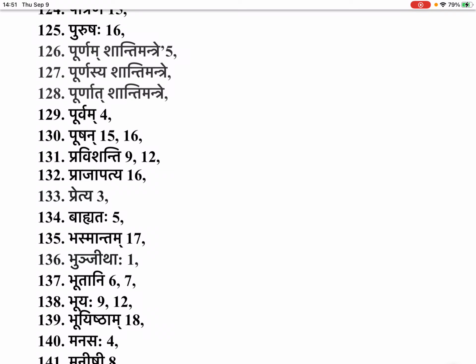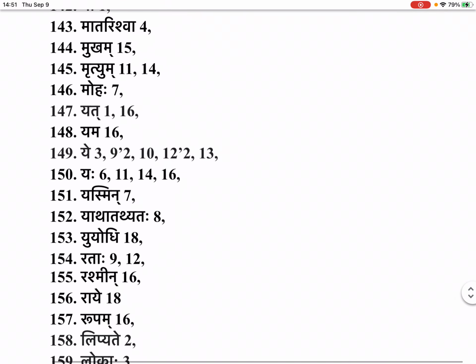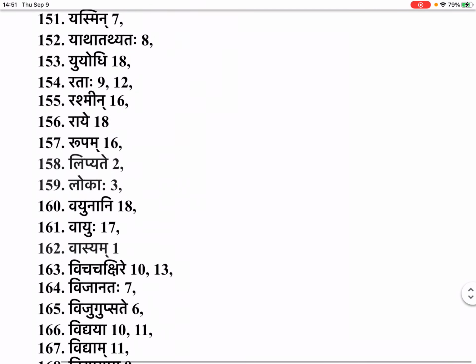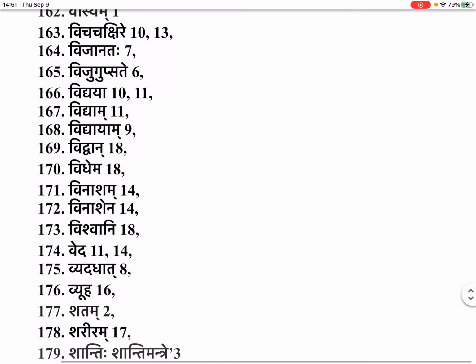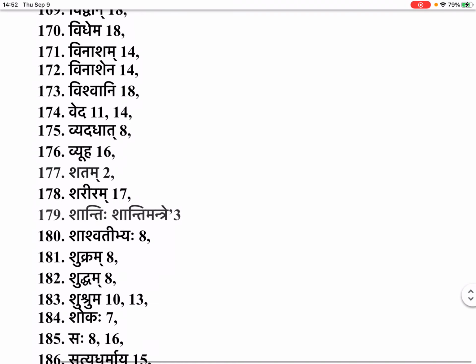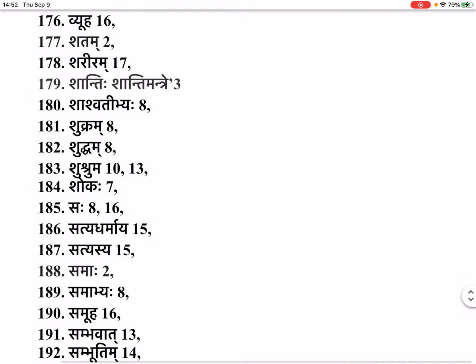Then pravishanti, prajapatya, pretya, bahyataha, bhasmantam, bhunjithaah, bhuyishthaam, ye appears 3, 9'2, so 7 times. Yaha 6, 11, 14, 16, vidyaya, vidyam, vishwani, veda, vyadadhat, shantihi.